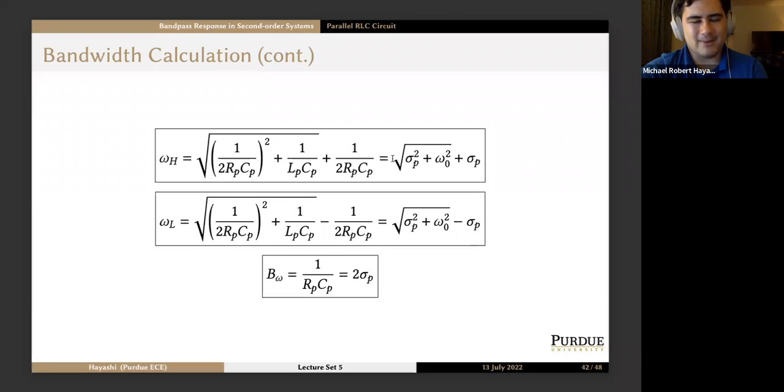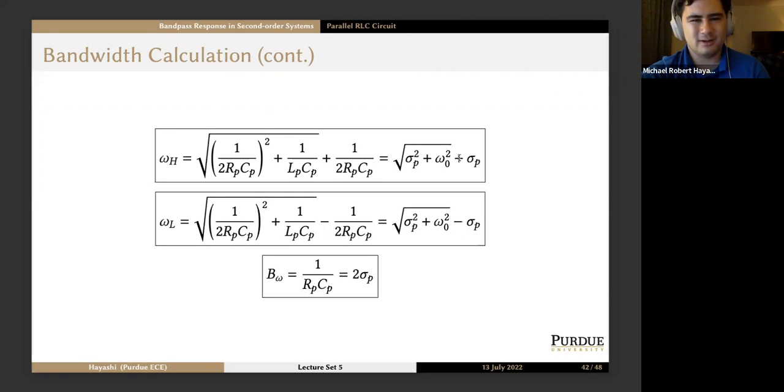So we get omega H is equal to the square root of sigma_P squared plus omega naught squared, and then plus sigma_P out of the square root. Omega L is equal to the square root of sigma_P squared plus omega naught squared, and then minus sigma_P out of the square root. And then B sub omega is omega H minus omega L, but all the square rooty stuff cancels out, and we're just left with 2 sigma_P, which is 1 over R_P C_P.